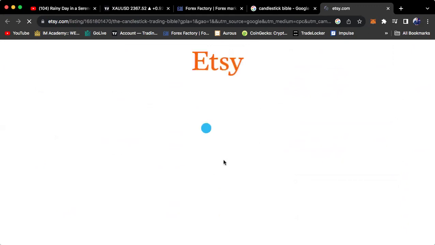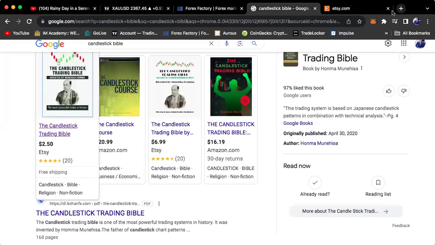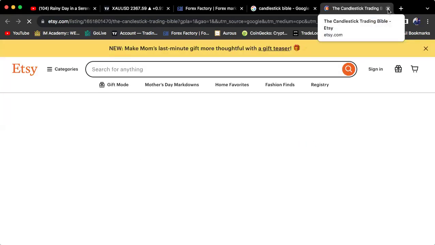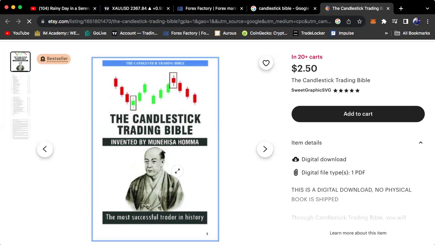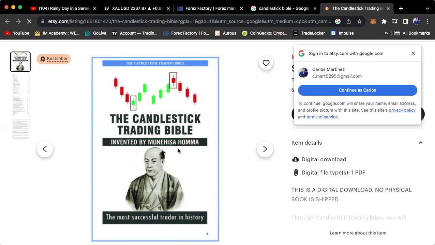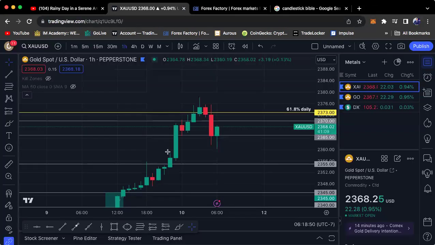This book is amazing, and you will learn everything about candlestick patterns. This is the book right here, invented by Munehisa Homma, a Japanese guy from back in the day. I believe he's Japanese. Make sure to get it so you guys can learn the candlestick patterns.